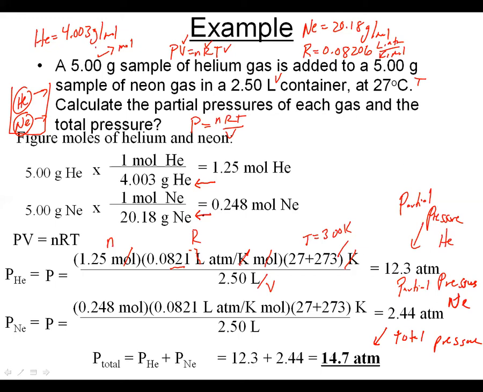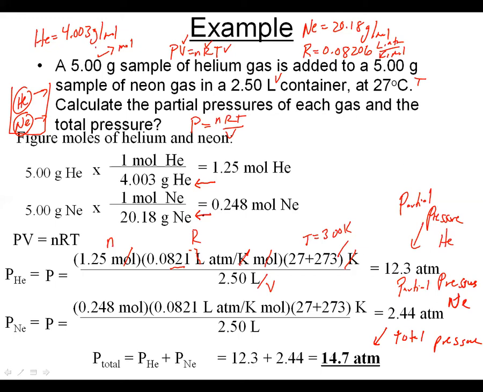In comparison, helium is much lighter than neon. And because helium is much lighter than neon, it is going to be moving faster. It would have a faster velocity. And because it's flying around faster, it probably would cause more collisions. And thus, that's why we see that it is the major contributor here between these two.